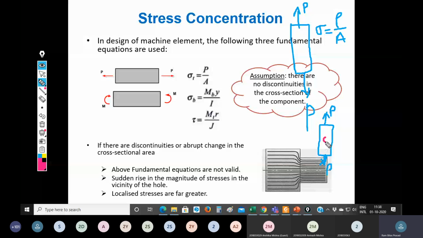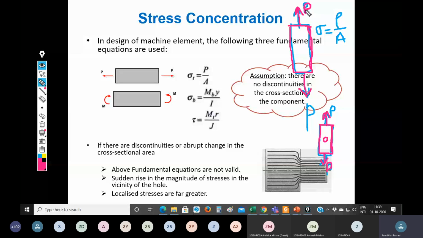In one part everything is the same, the geometry, the cross section, the load, everything. The only difference is that in this case you have a small hole, and in the earlier case there is no hole.